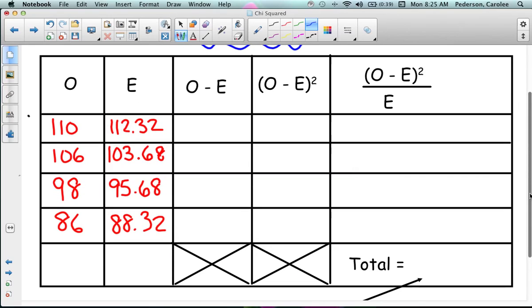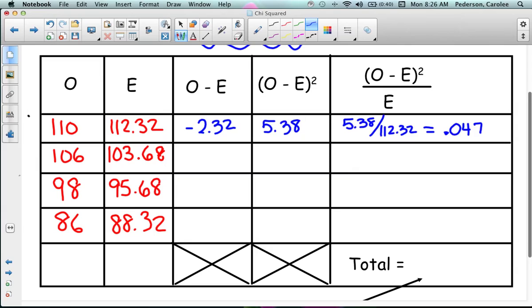So now we take 110 minus 112.32, and we get negative 2.32, and then we're going to square that number. 5.38, and then we're going to divide it by E. So 5.38 divided by your expected, and you get a pretty small number, 0.047.